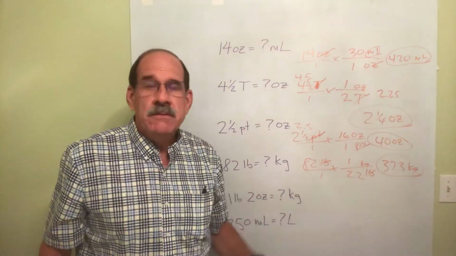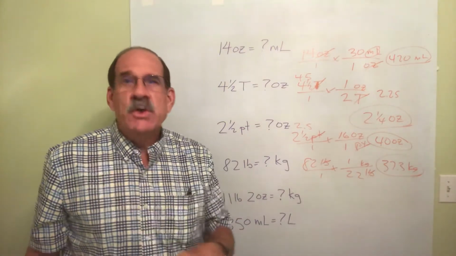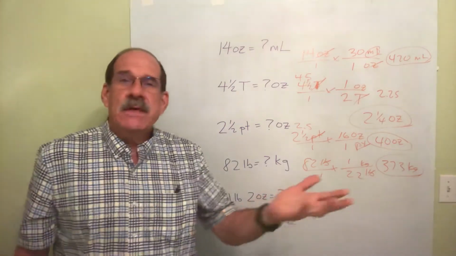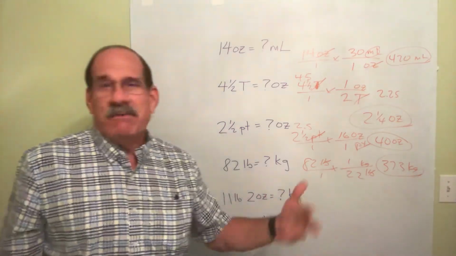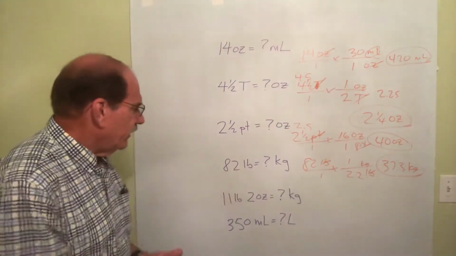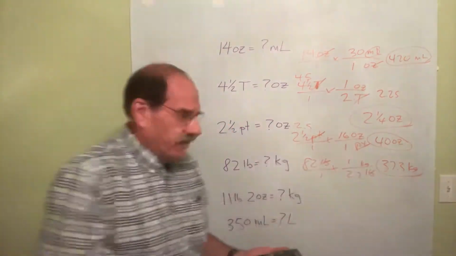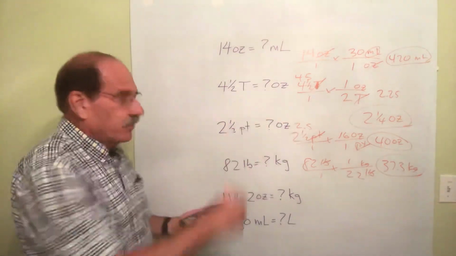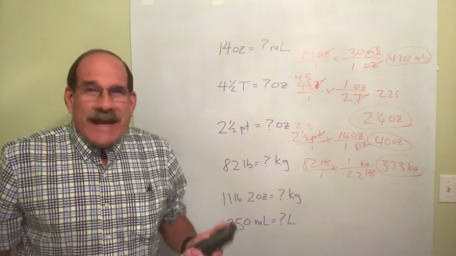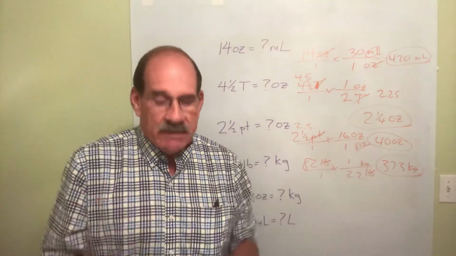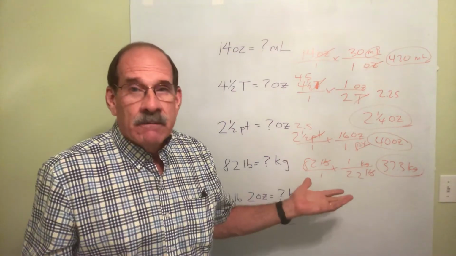Divide by 2.2. So if you just want to remember, every time I have pounds and want to convert into kilograms, I just divide that by 2.2. So you could just think, okay, 82 pounds, instead of setting all this up, just say, let's see, what's 82 divided by 2.2? And the answer is that number. You don't have to set this up. Now, other ones you probably need to make sure you work them out, but that is just so consistent, it can really help.